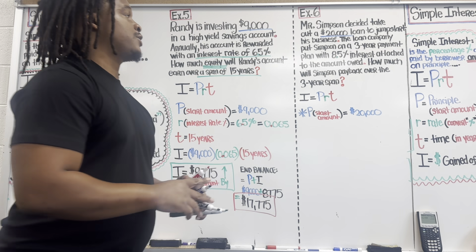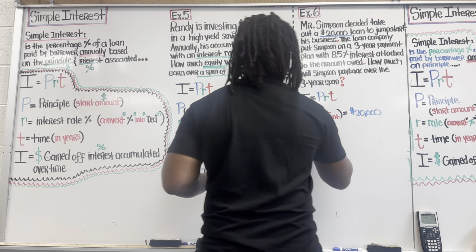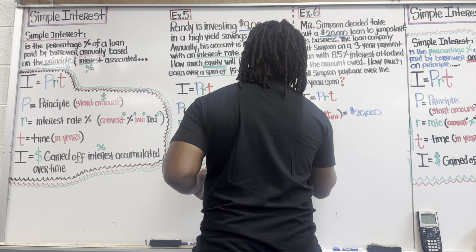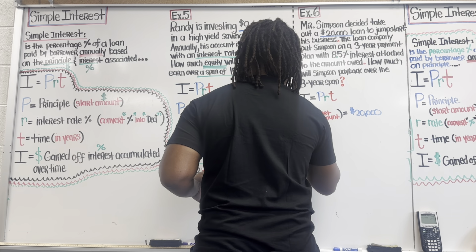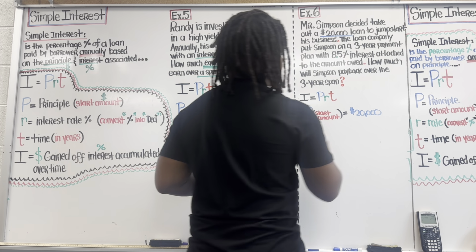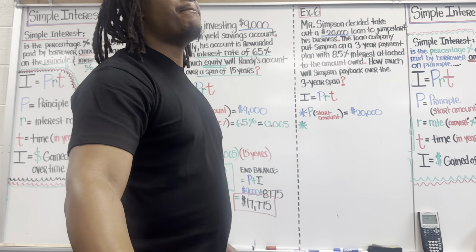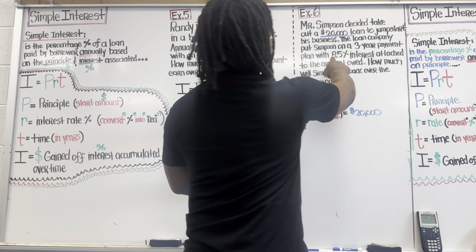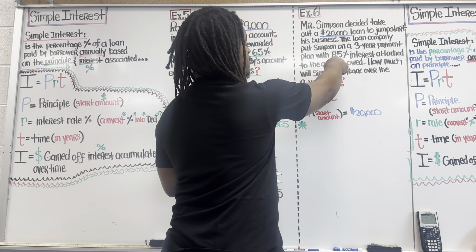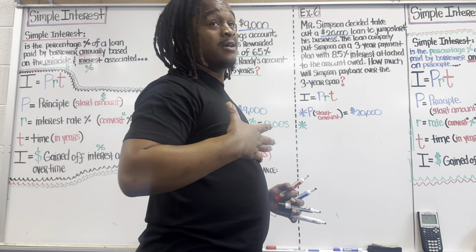All right, cool. After he took out the $20,000 to jumpstart his business, the loan company said that we want our $20,000 back, but we're going to hit you with also an 8.5% interest rate because you're borrowing money from us that you don't have.